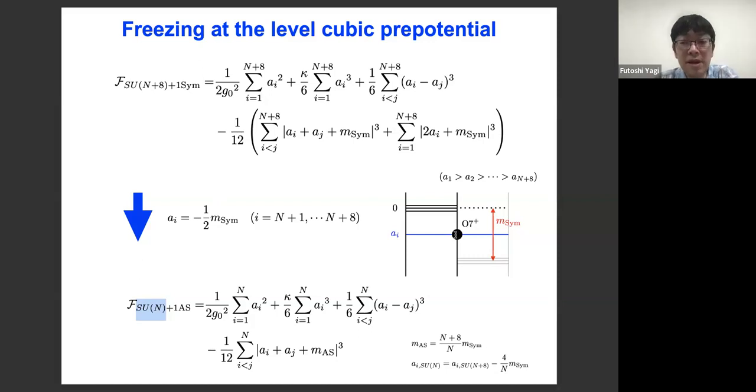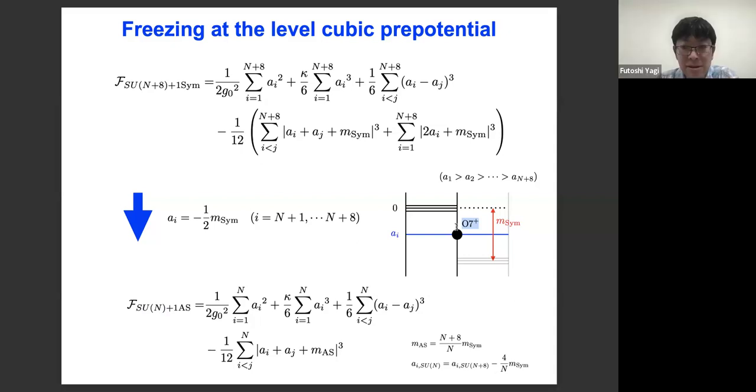On the world volume of D7, I think the symmetry is SP, and if it becomes O7 minus, then it's SO. Yeah, but since you are dealing here with this, we should interpret the gauge symmetry as the flavor symmetry.